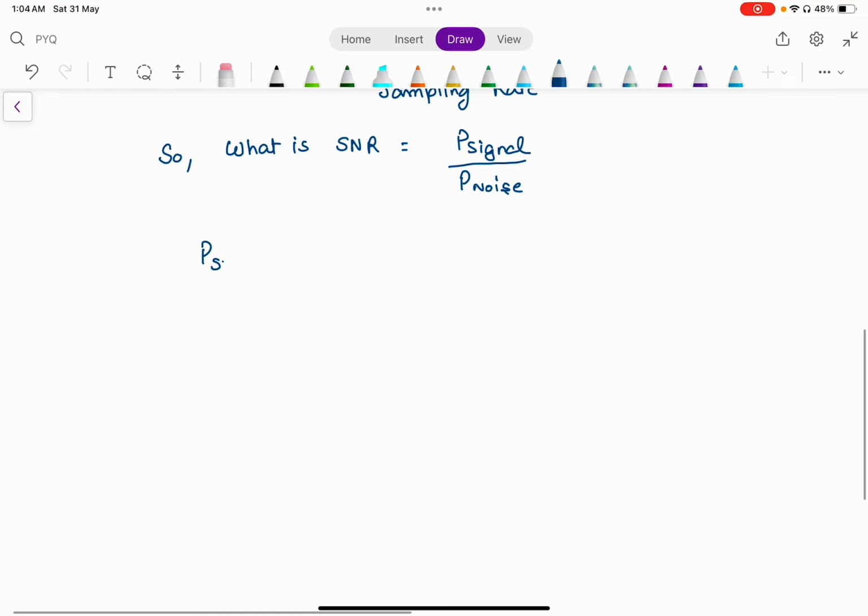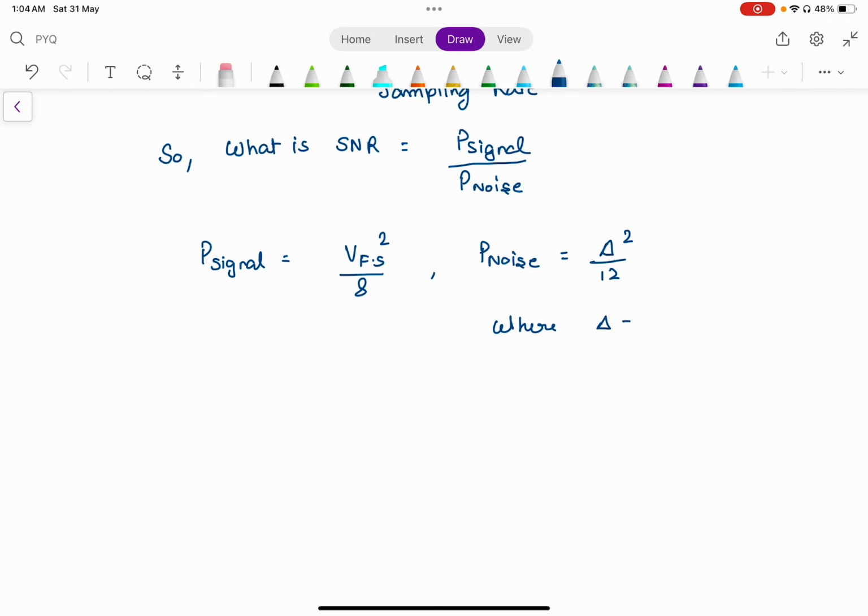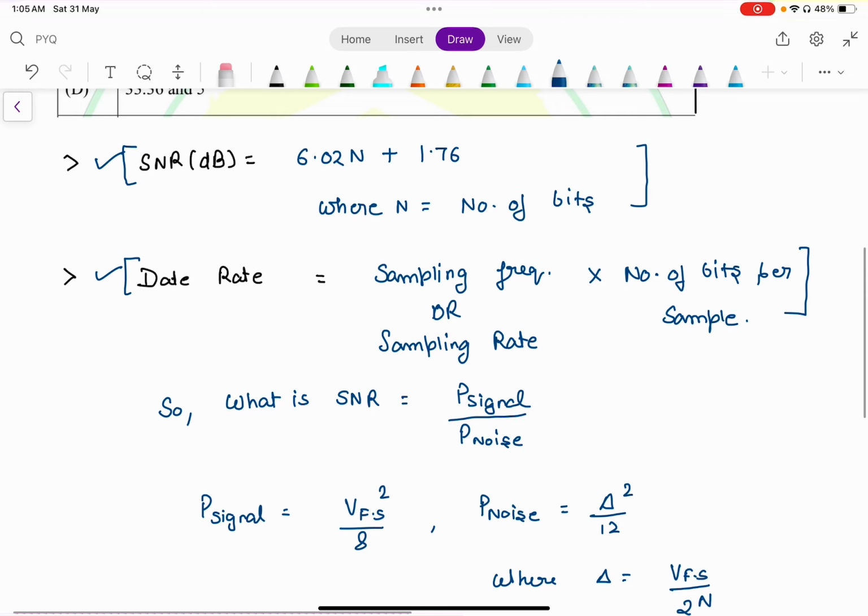So signal power is V full scale voltage square divided by 8, and noise power is del square upon 12, where del is nothing but the step size, which is full scale voltage divided by 2 to the power n, where n is again your number of bits.